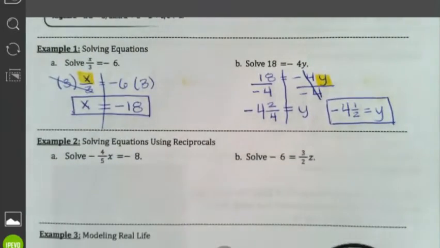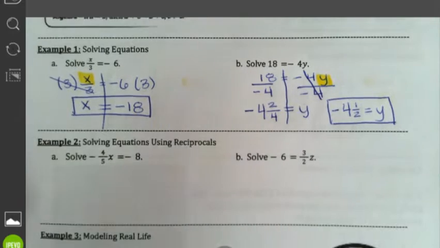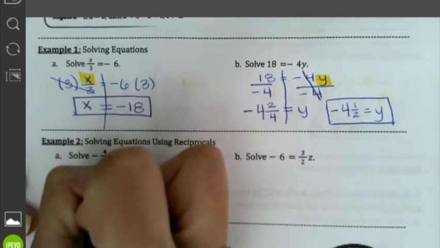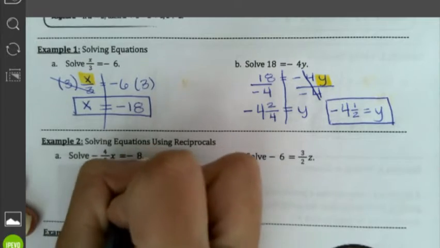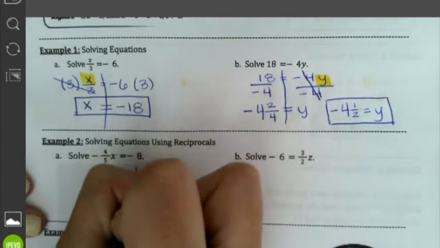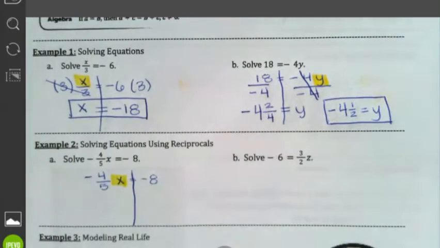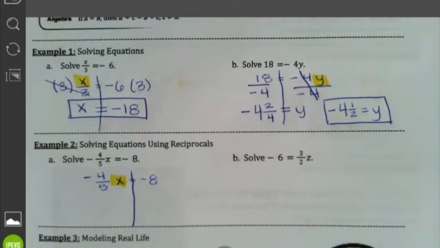Okay, example 2. I'm going to rewrite this. We're going to solve equations with reciprocals now. So we know reciprocals are when you flip the numerator and denominator of a fraction. And we know that when we multiply reciprocals, you're able to cross-cancel everything.